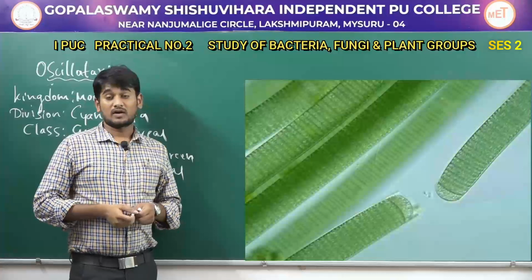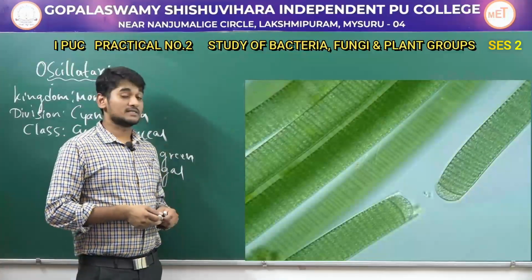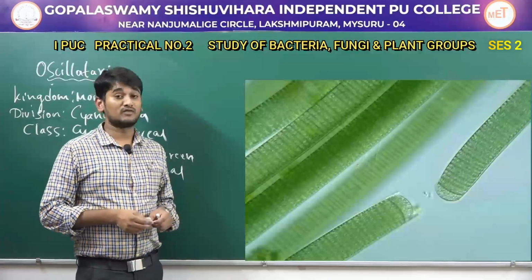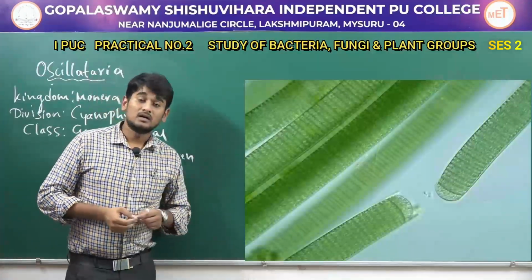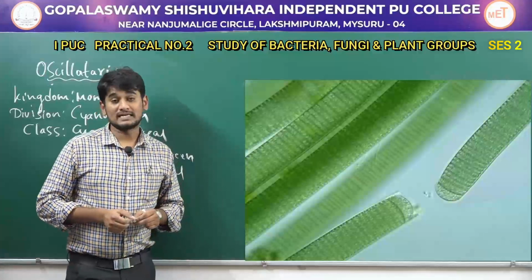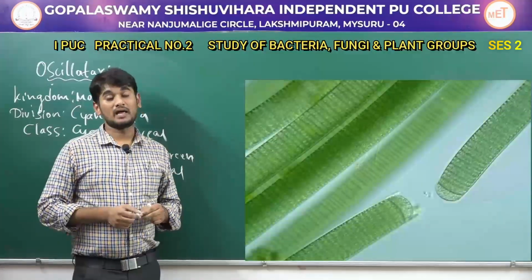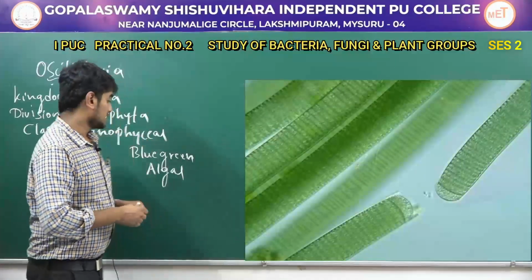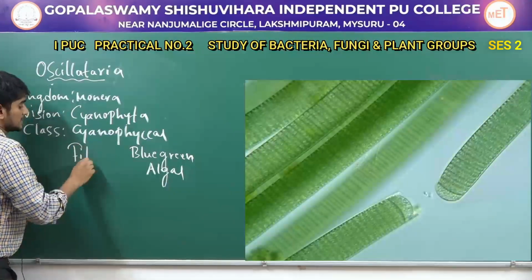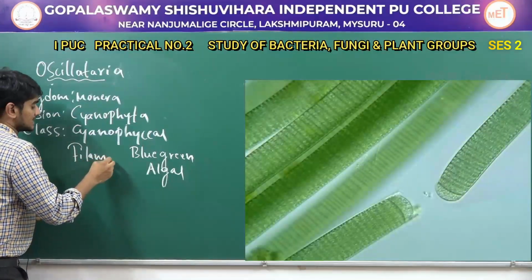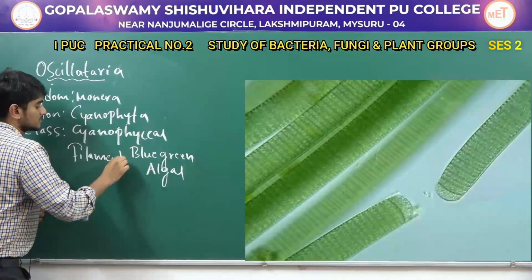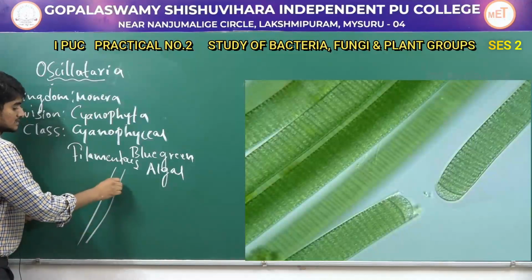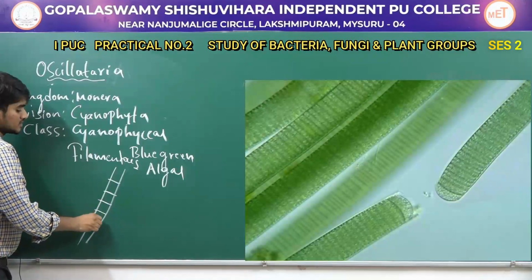On the right side you can observe the picture of Oscillatoria. It's a genus of blue-green algae commonly found in fresh water. Here the thallus, the body, is multicellular, unbranched and filamentous, which means an elongated thin series of cells attached to one another.